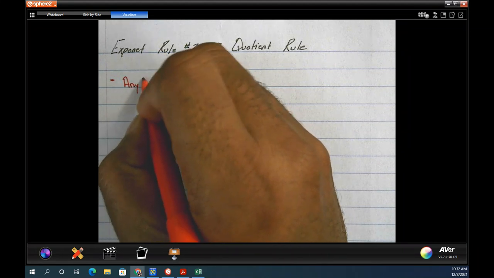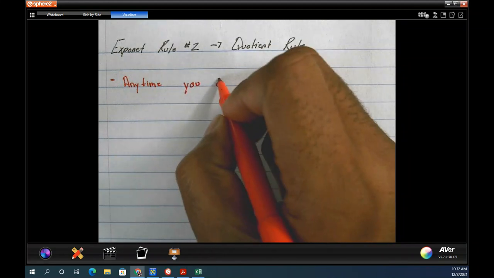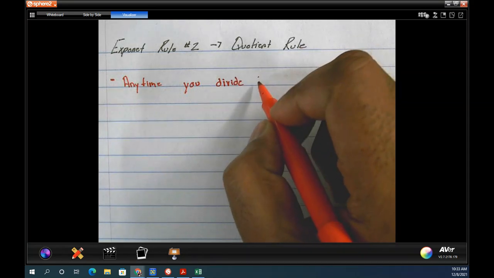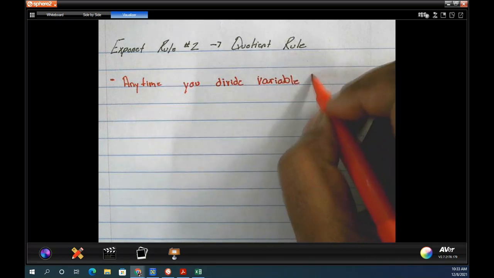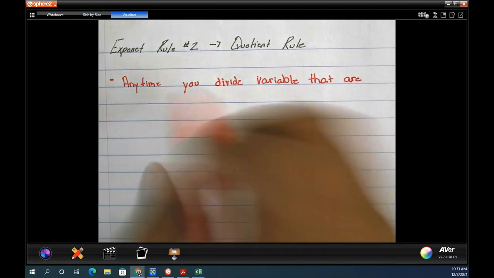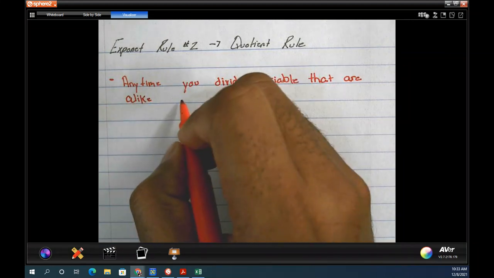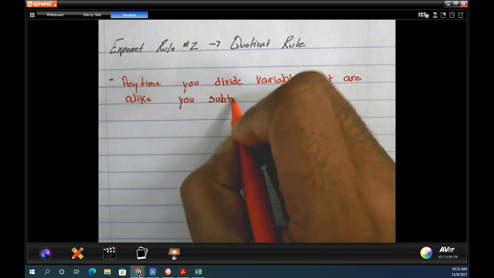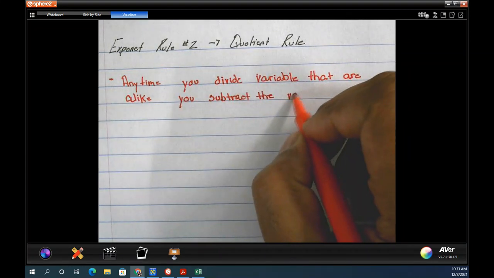Anytime you divide variables that are alike, you subtract the variables.